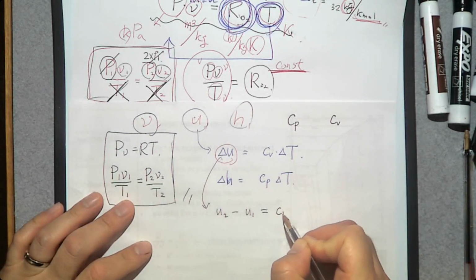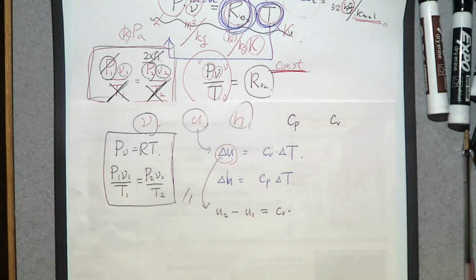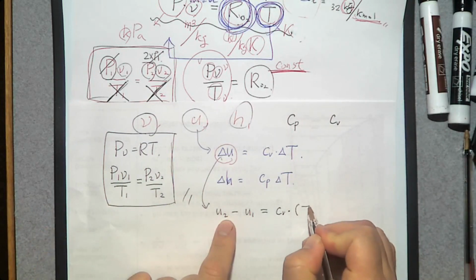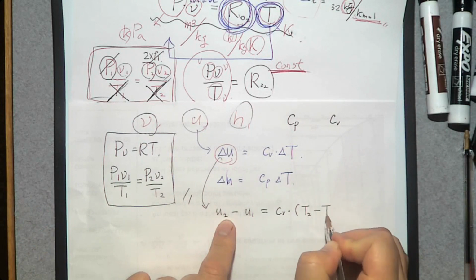It is CV, specific heat, times the difference in temperature between the initial state and the final state, which is T2 minus T1.